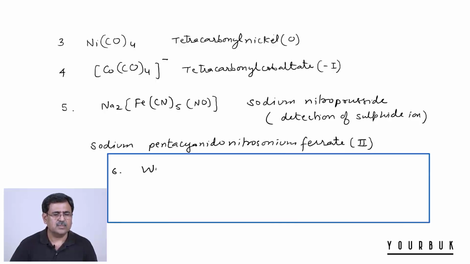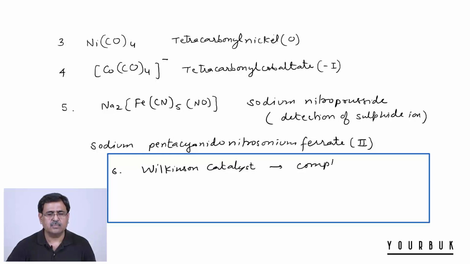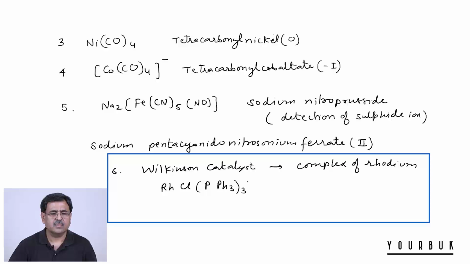And this is an example of Wilkinson's catalyst. Wilkinson's catalyst is a complex of rhodium. The formula of this complex is RhCl(PPh3)3, and in this case the P stands for phosphorus, and Ph stands for the phenyl ring.